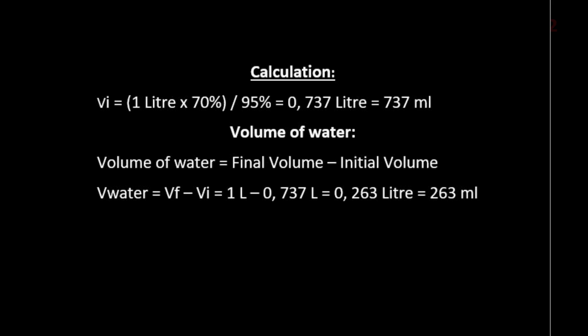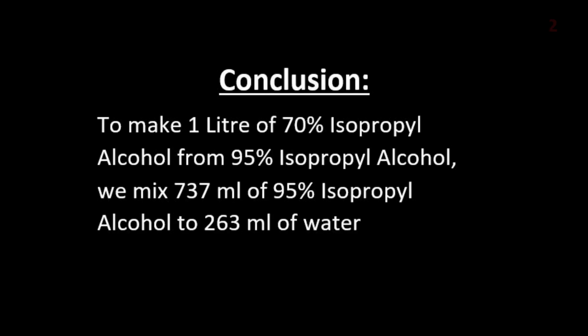On my side, I'm getting 0.263 liter, which is equal to 263 mils. In conclusion, to make 1 liter of 70% isopropyl alcohol from 95% isopropyl alcohol, we mix 737 mils of 95% isopropyl alcohol with 263 mils of water.